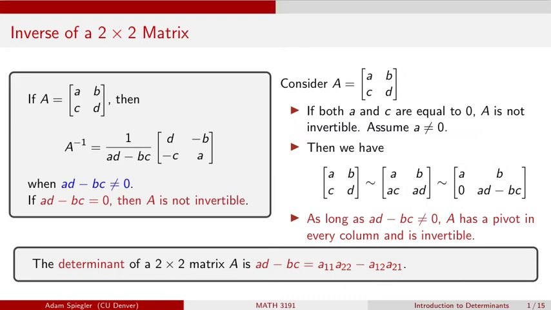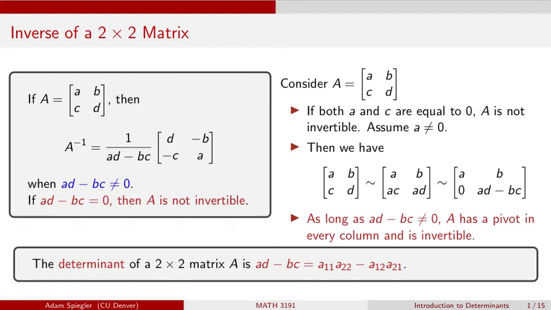So we apply it to a matrix, and the result of taking a determinant is just a scalar number. We don't get a matrix back, we just get a number. For the case of a 2 by 2 matrix, if that number is non-zero, then the matrix is invertible. If that number is 0, then the matrix is not invertible.